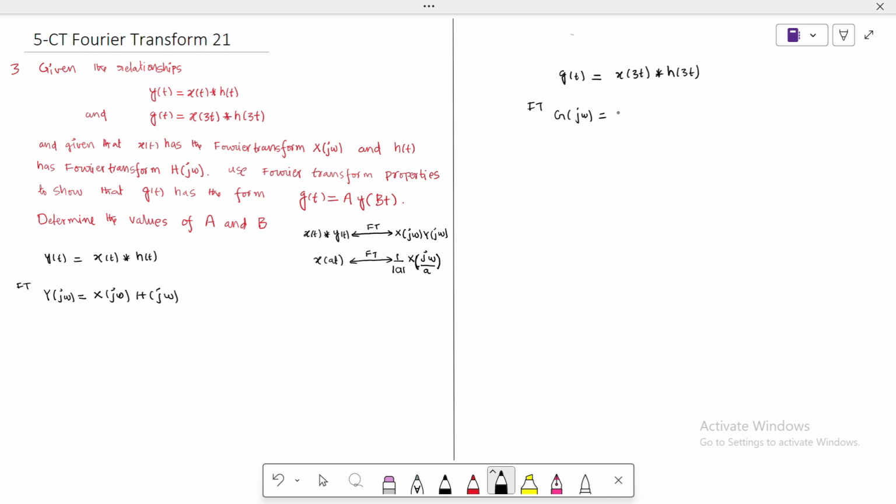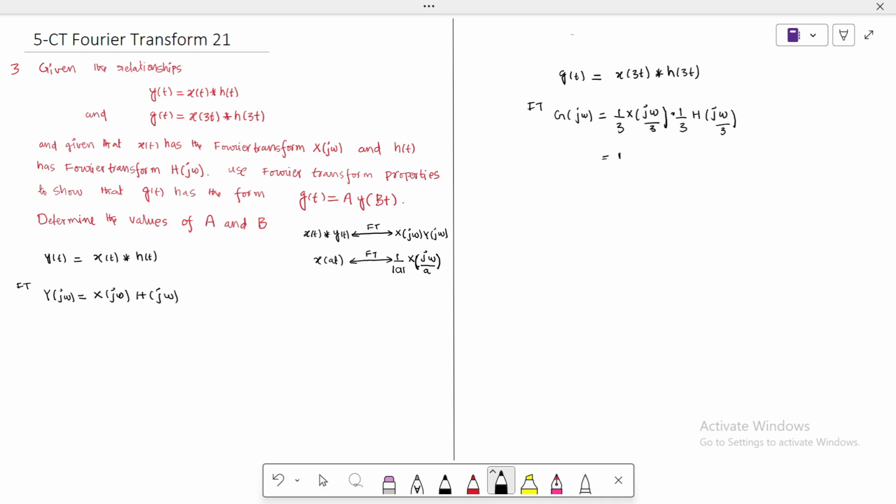So 1 by 3 into X of j omega by 3. Next, the multiplication for convolution. Write down the scaling property for this h of 3t, that equals 1 by 3 into H of j omega by 3.